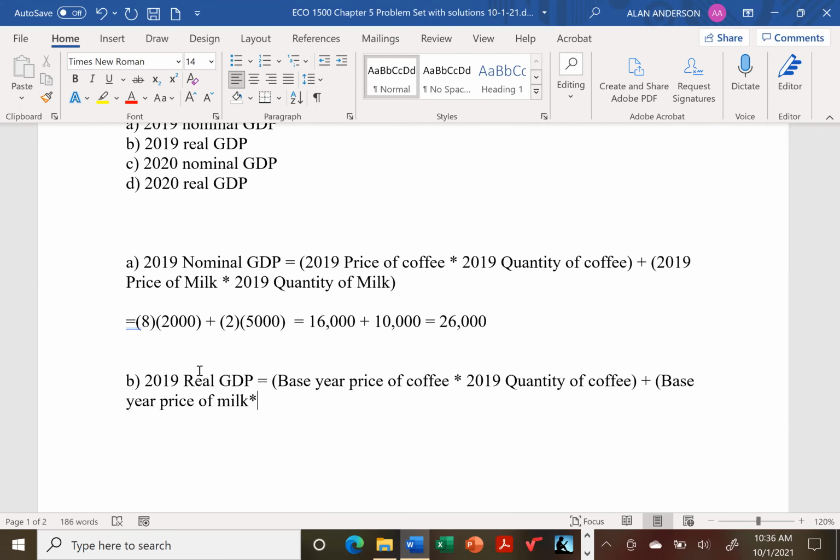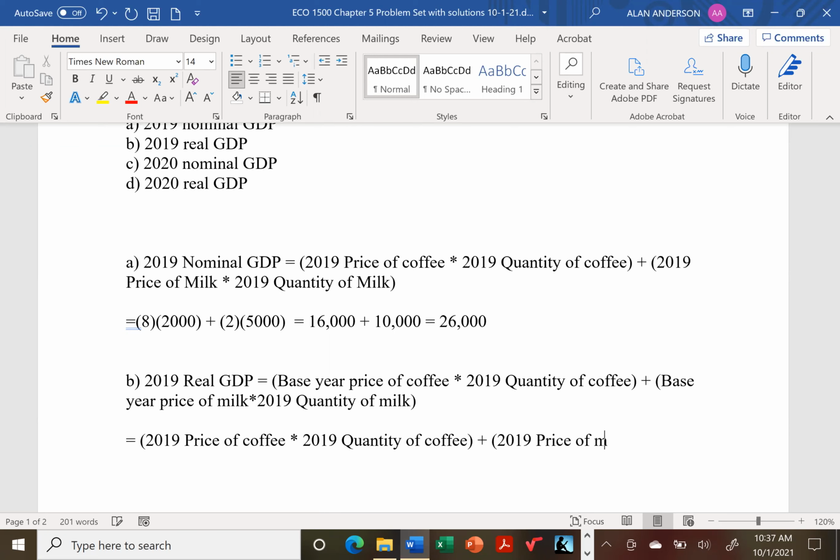But because 2019 is the base year, we can rewrite this as 2019 price of coffee times 2019 quantity of coffee plus 2019 price of milk times the 2019 quantity of milk.